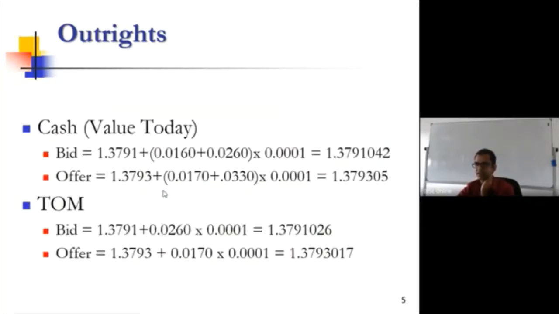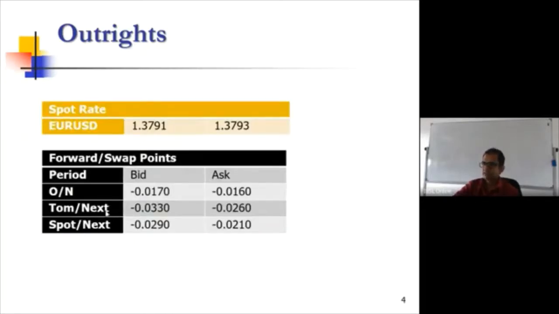So to calculate the cash price, what do we do? The bid rate applicable for a cash transaction, how do we derive it?